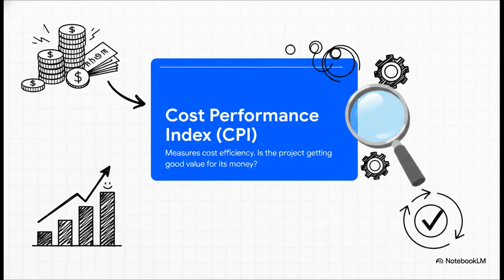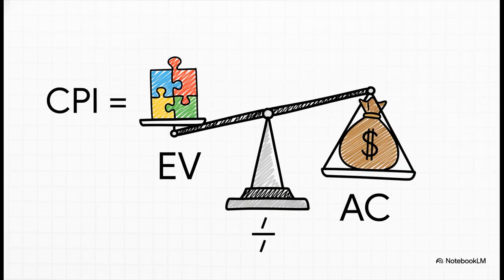Okay, so variances tell us if we're off track, but they don't tell us how badly we're off track in terms of efficiency. For that, we need to look at indices. And we'll start with the Cost Performance Index, or CPI. This is all about asking, how efficiently are we using our money? So instead of subtracting like we did for the variance, this time we're going to divide. We take our earned value and divide it by our actual cost.